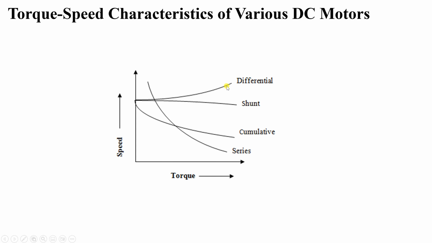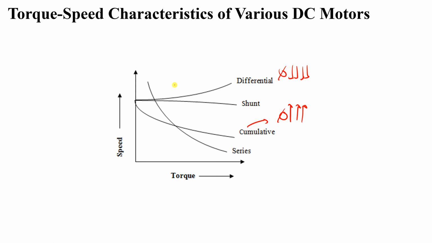What about differential and cumulative? Now remember that in cumulative we increase our flux, right? We provide more flux. And in differential we have lower field, right? And since we have more field, let's get back. If you remember from the torque speed characteristics, omega was inversely proportional to phi squared.